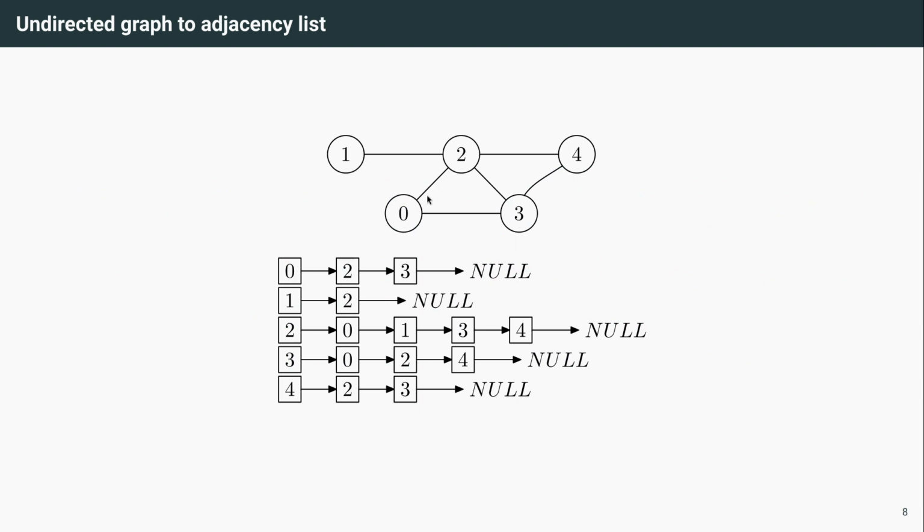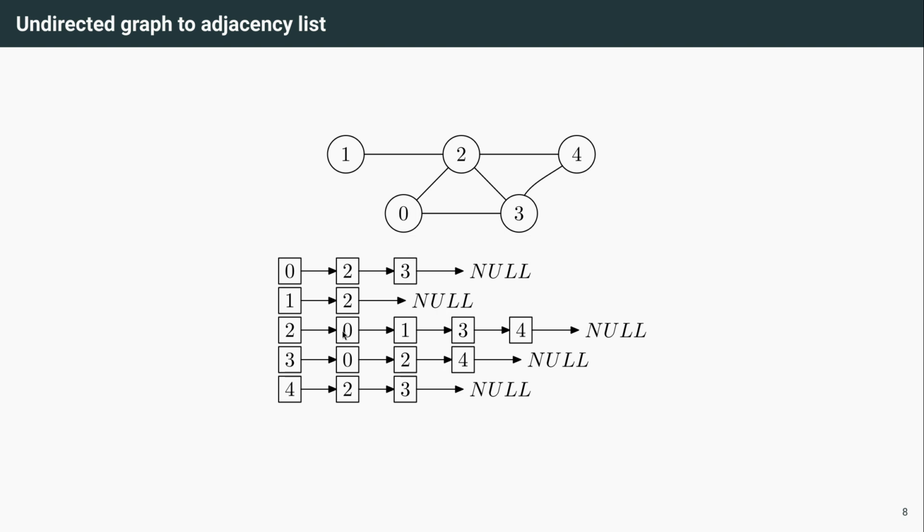So 0 is connected to 2 and 3. So 0 will point to, or rather contain, the list 2 and 3. 3 will point to null here. Now if you look at 1, 1 is connected to 2. So index 1 will contain only 2. If we look at 2, 2 is connected to 0, 1, 3, 4.